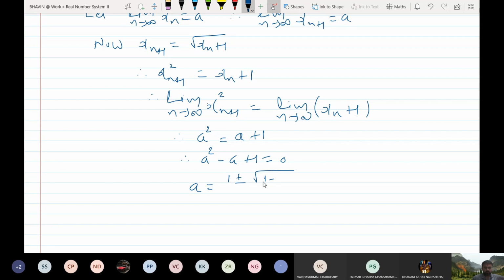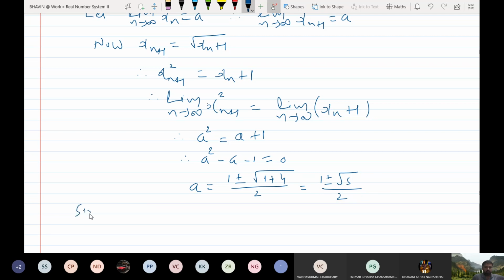Minus 1, sir. Yes, I should write here minus 1, otherwise it does not have any real root. So this becomes 1 plus or minus root 5.